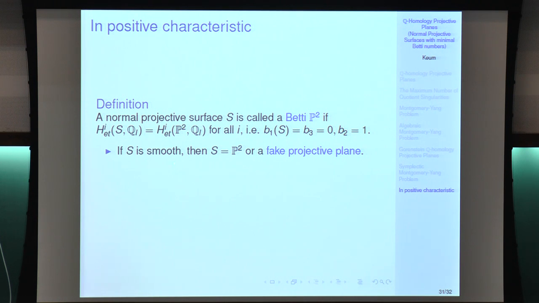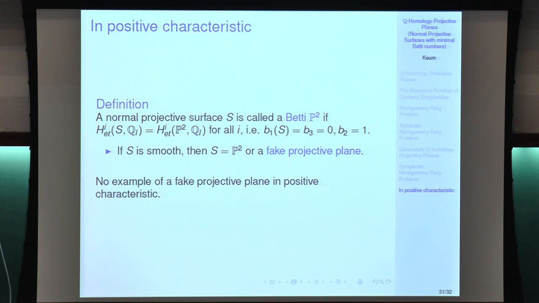If S is smooth, then still we have S is P2 or a fake projective plane. This is canonical class negative, ample, and this is canonical class ample. Well, in positive characteristic, nothing has been known about fake projective planes.